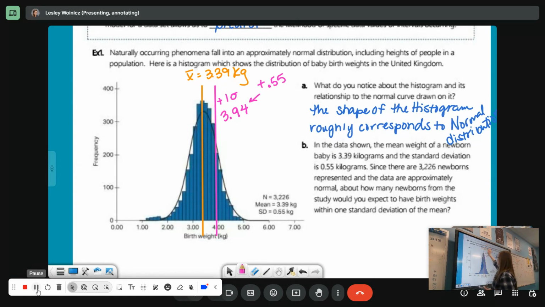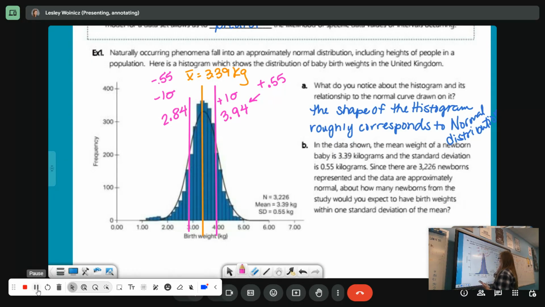Now what if we took our mean and subtracted the 0.55? So this would be minus 1 standard deviation. We get 2.84, like about there.